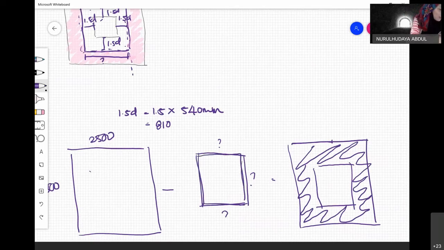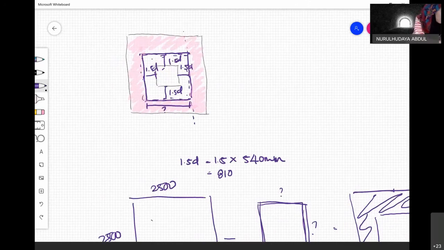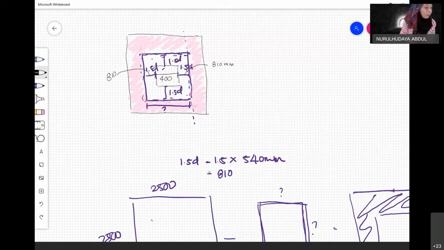So kotak dalam. So kotak dalam ni, we know that 810. Ini pun 810. So kita pun tahu the column is 400 mm width. So macam mana you nak kira? So 810 mm darab 2 campurlah dengan 400.